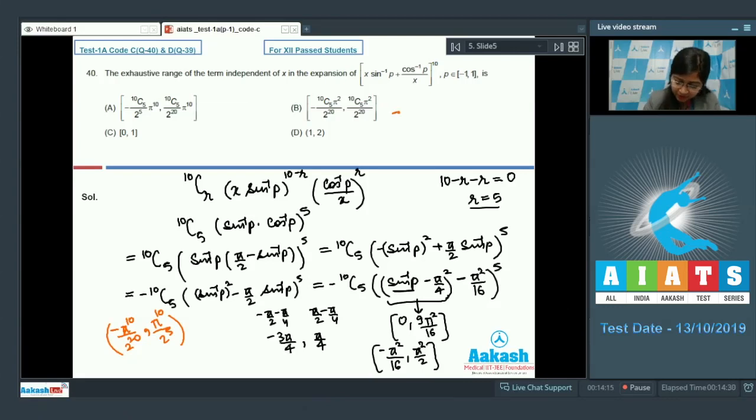So it will go from minus 10c5 pi raised to the power 10 upon 2 raised to the power 5 up till 10c5 pi raised to the power 10 upon 2 raised to the power 20. Here we have square bracket, right? So from the given options, it can be seen that the correct answer is given in option number A.